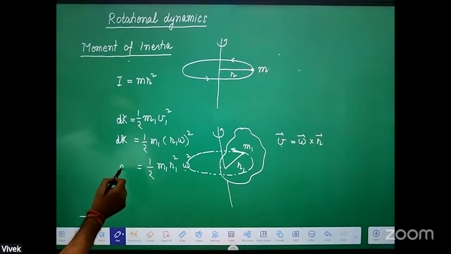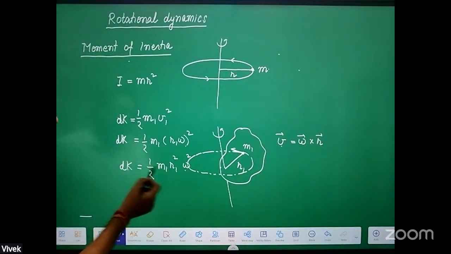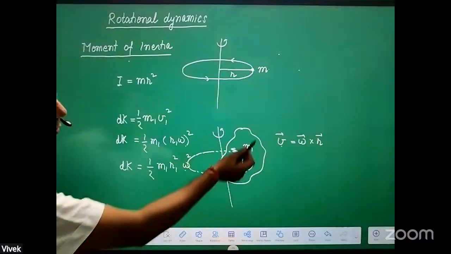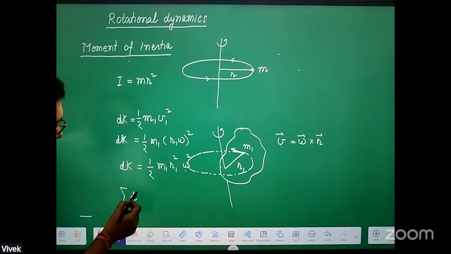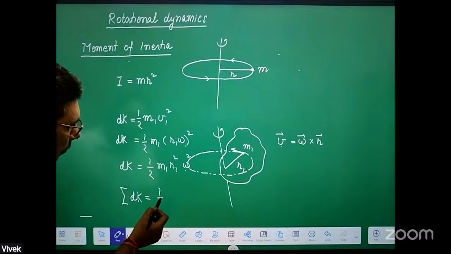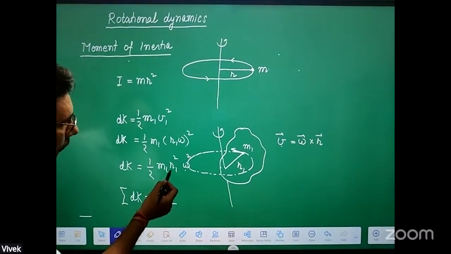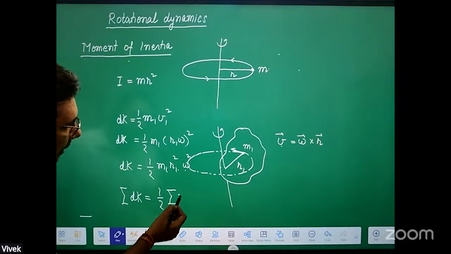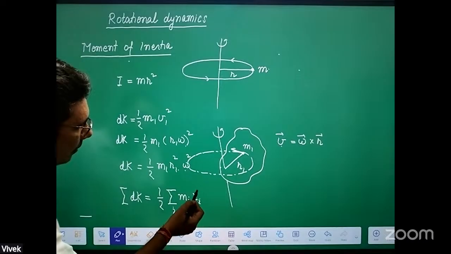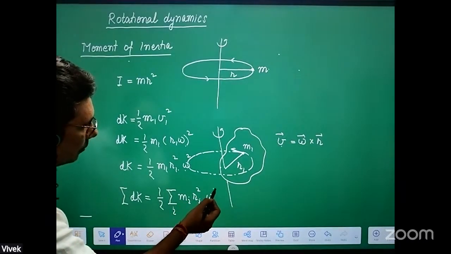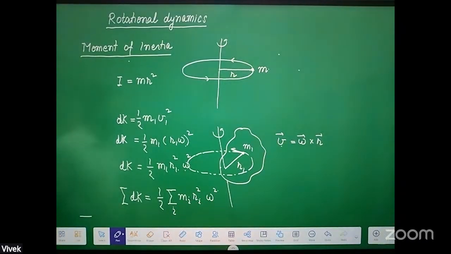Now this is the kinetic energy of this particle. If you consider the complete object, then you are going to consider the kinetic energy of all the particles, that will be dK, and I can write 1 by 2, sigma, mi ri square, omega square.